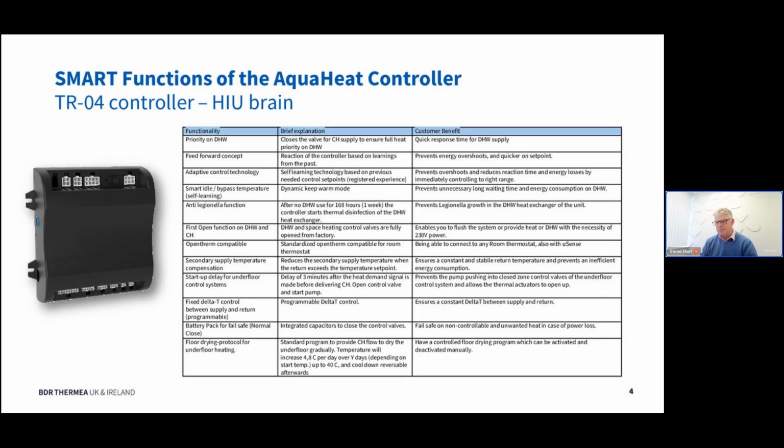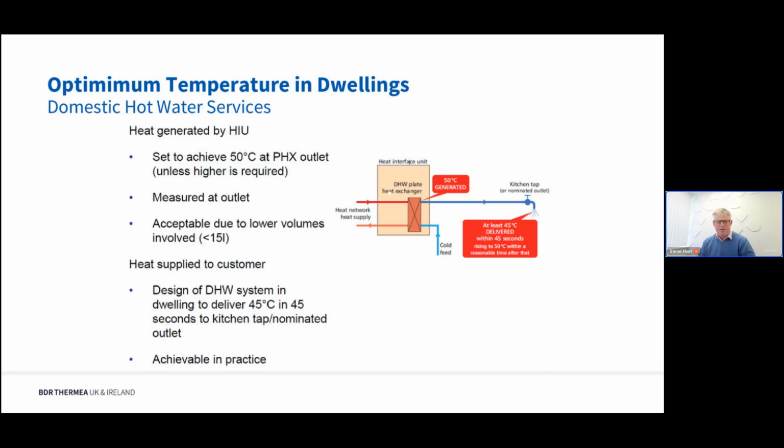So we have really gone this route because of the increased functionality. One of the things to really note, however, is the hot water control has changed drastically. At one point we were having to deliver 70 degrees primary supply temperature onto HIUs to use maybe a 10 degree approach temperature, so that the thermostatic self-acting controls had enough power to regulate.